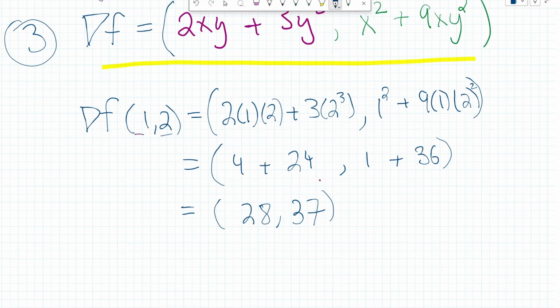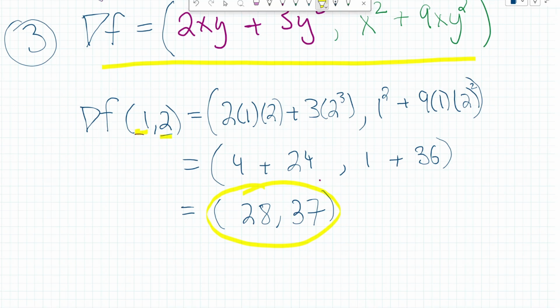Remember that the gradient is a whole vector field. Now that we're looking at a specific point, that means that we found the gradient vector at that point. This is the corresponding gradient vector to our gradient field at our point 1, 2.